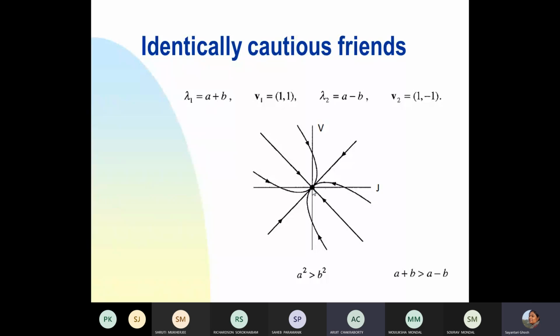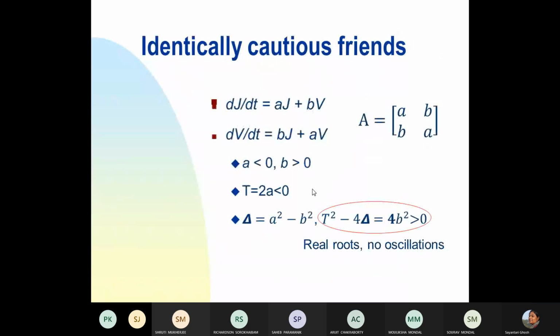And why does that happen? Why did you become like an unknown person? Because A square was greater than B square. And what is A and what is B? If you look at your equation once again, A was how much J is concerned about himself, and B was how much J thinks that Viru is also thinking about him.